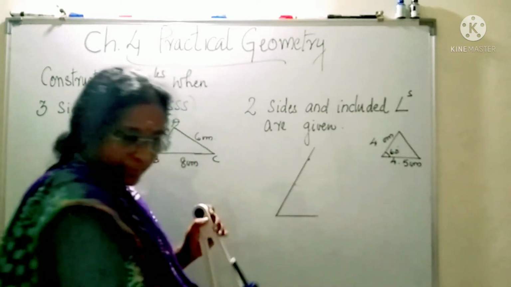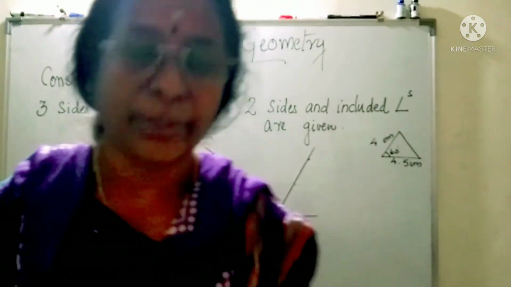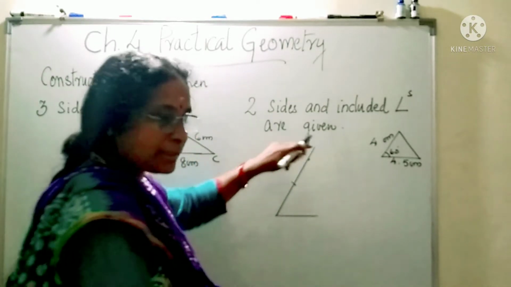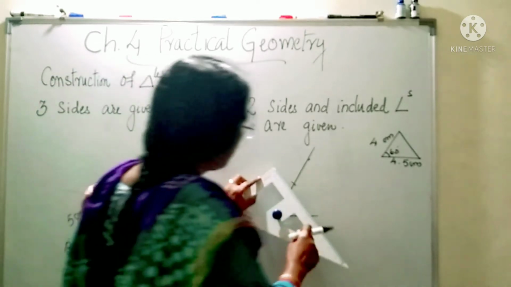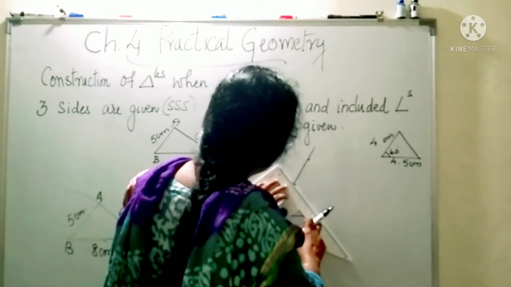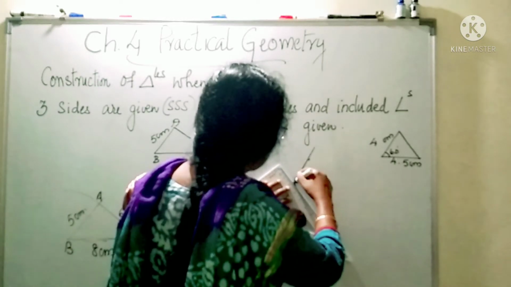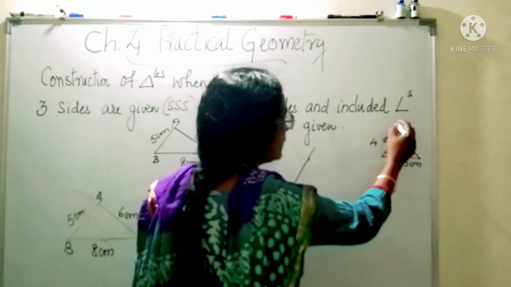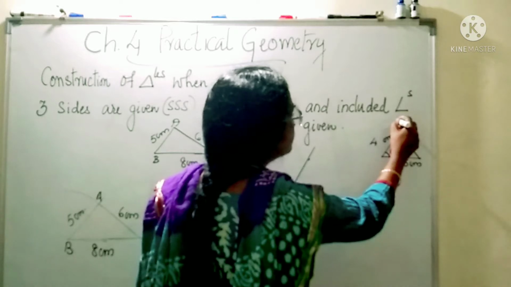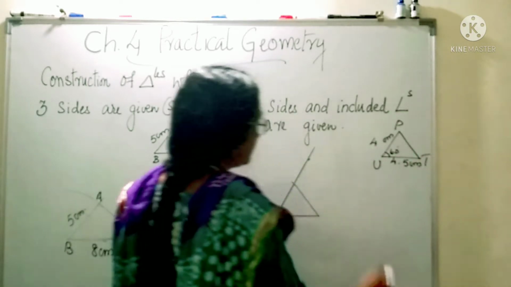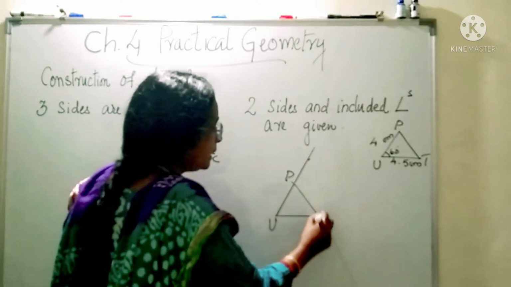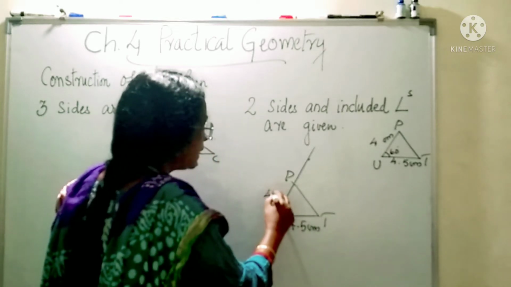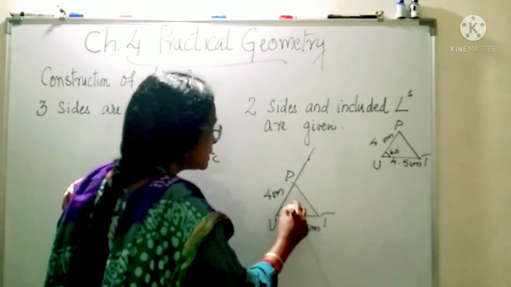So wherever the arc met the arm, that point should be joined to the other end point of the side. So here we got the triangle; we have not named it, let us name it as PUT. So this is 4.5 centimeter, this is 4 centimeter and this angle is 60 degree.